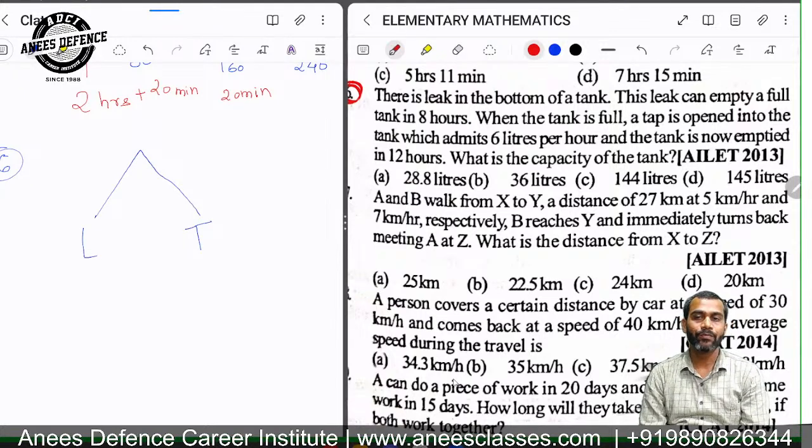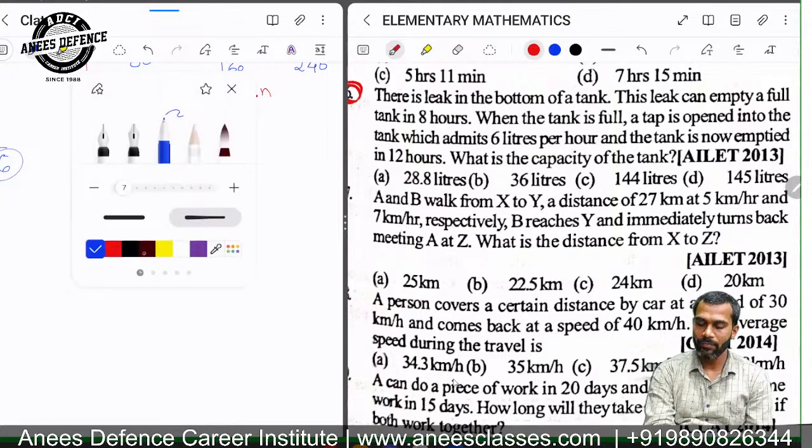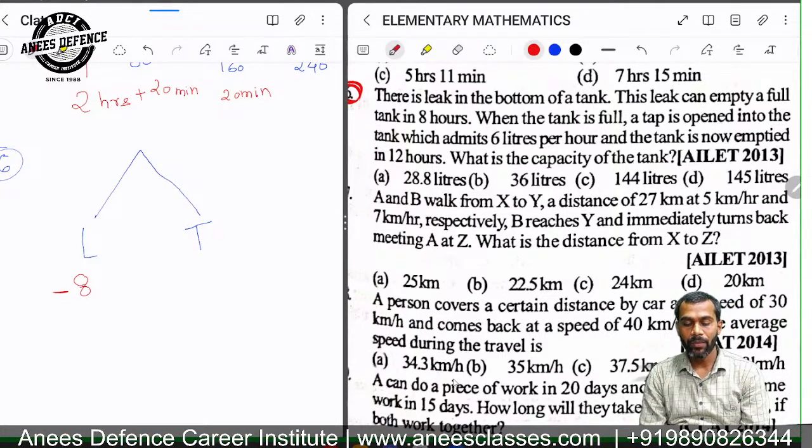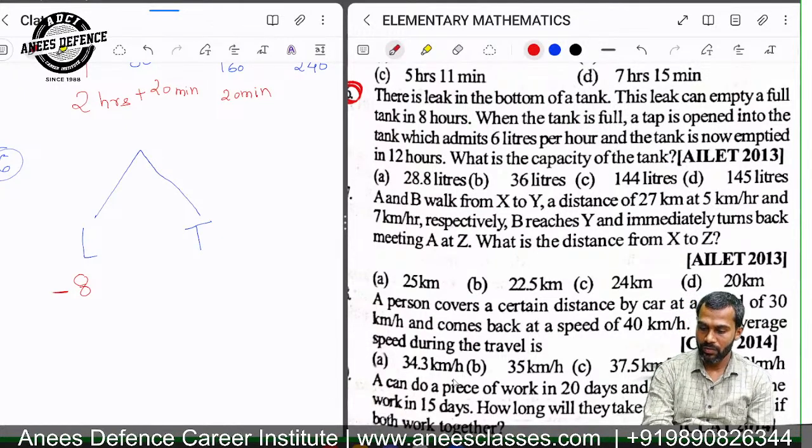Leak and tap. The leak can empty the tank in how many hours? 8 hours. So let me write -8 so that you understand it is emptying the tank. And the tap admits 6 liters per hour.